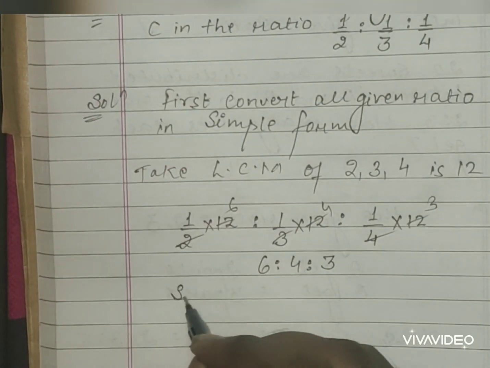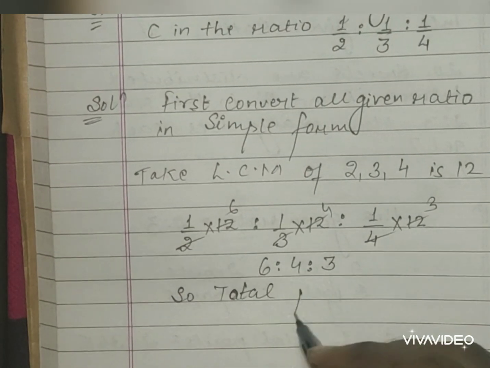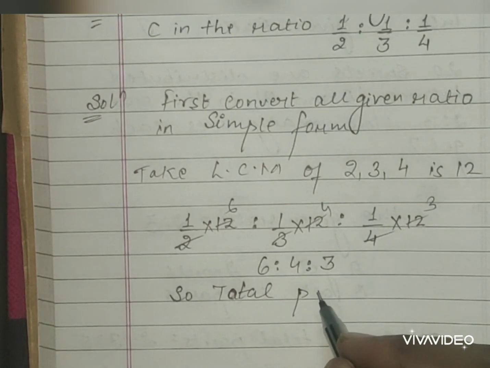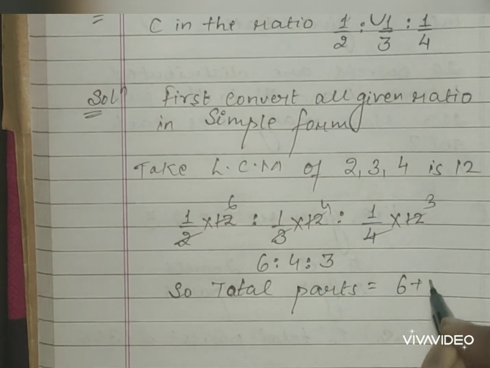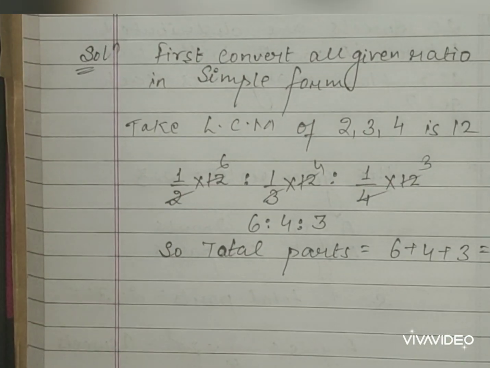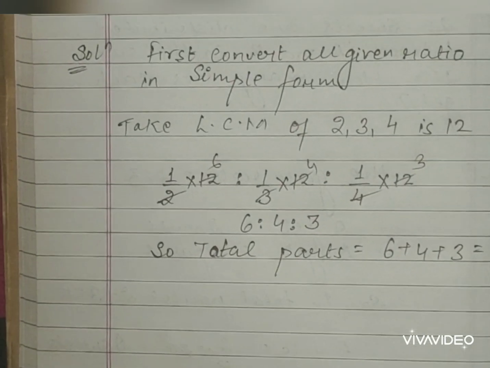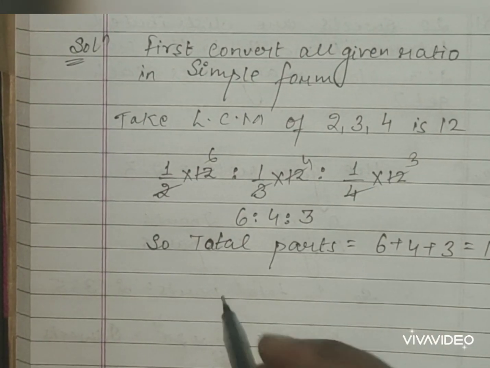So total parts is 6 plus 4 plus 3, that is 13. Okay, clear? 6 plus 4 plus 3, that is 13.